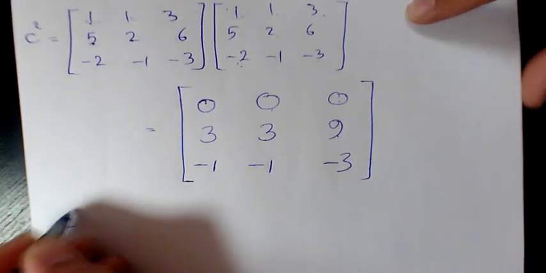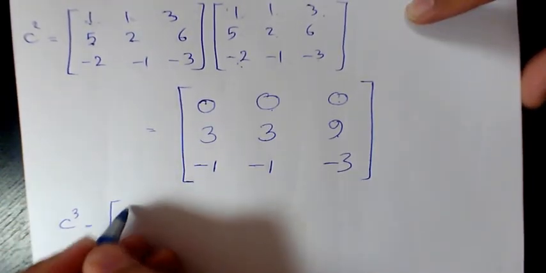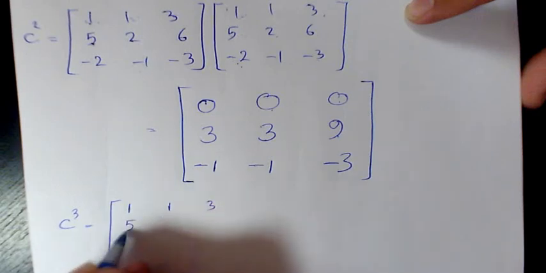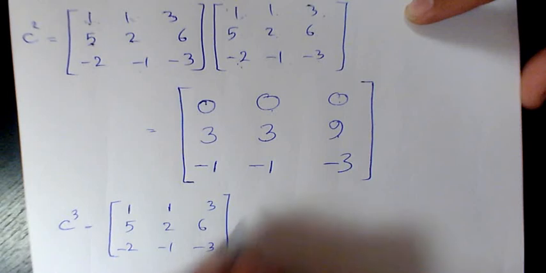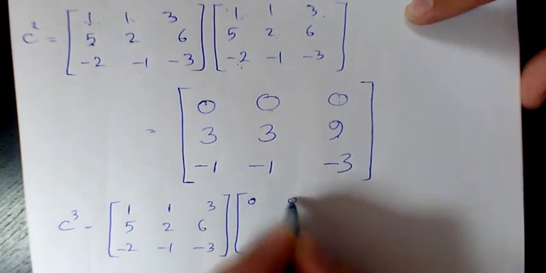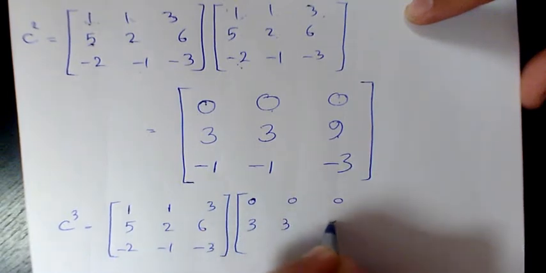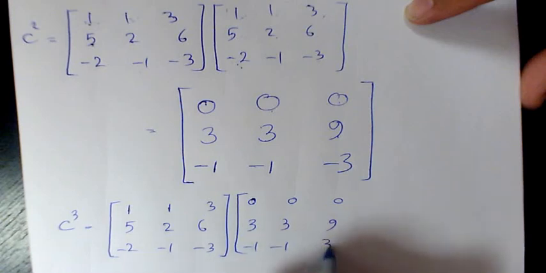Now what we can do, we multiply it again in order to have C to the power of 3. [1, 1, 3; 5, 2, 6; negative 2, negative 1, negative 3] times [0, 0, 0; 3, 3, 9; negative 1, negative 1, negative 3].